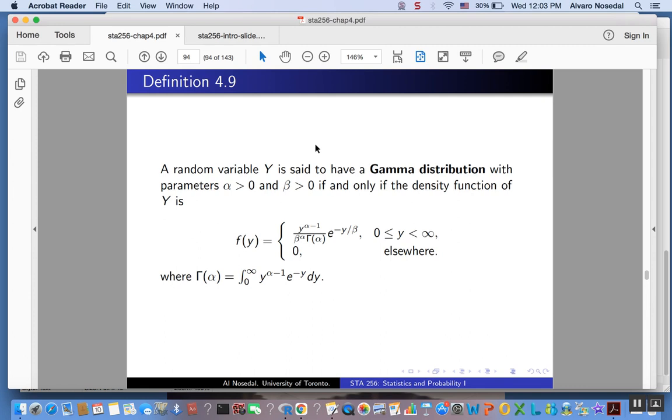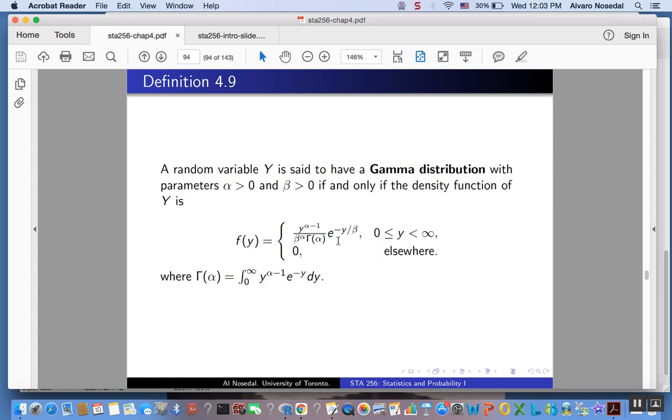But before we talk about chi-square distributions, let me remind you that the gamma distribution family has a few interesting particular cases, such as the exponential distribution, which we have talked about in another video. Remember that when alpha equals 1, then gamma distributions turn into exponential distributions.